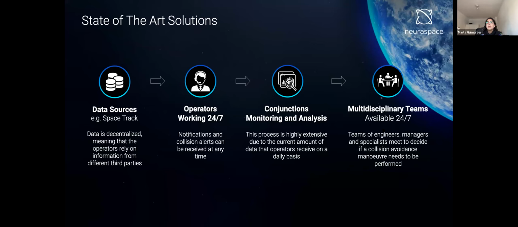Imagine, for example, a big company like Starlink. Starlink might have an automated process with operators working 24/7 on conjunction monitoring and analysis. But this is not enough to ensure full automation and, of course, good predictions.